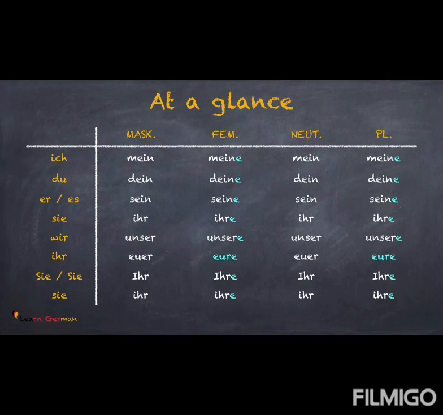Depending on the gender of the noun, you use either mein or meine for ich, dein or deine for du, sein or seine for er and es, ihr or ihre for sie feminine, unser or unsere for wir, euer or eure for ihr, and ihr or ihre for both the sie forms.